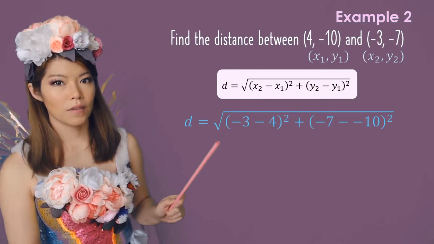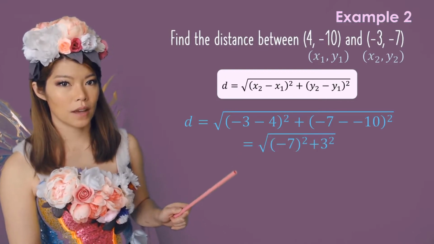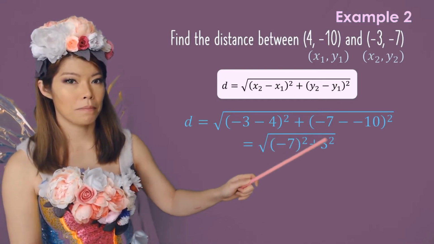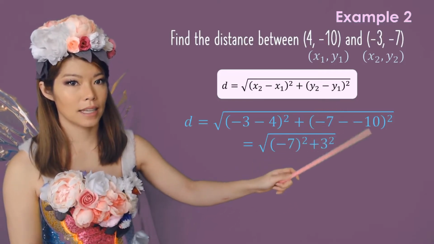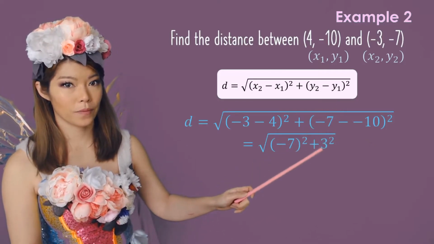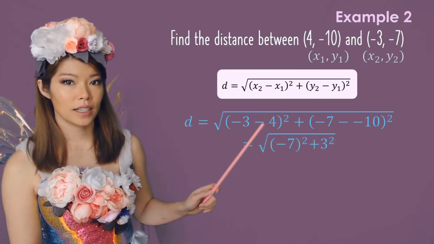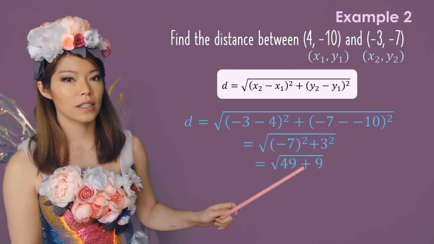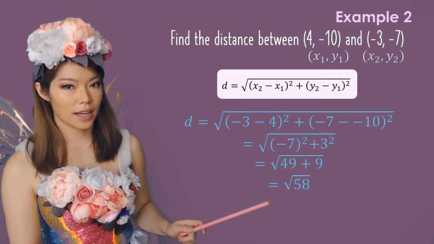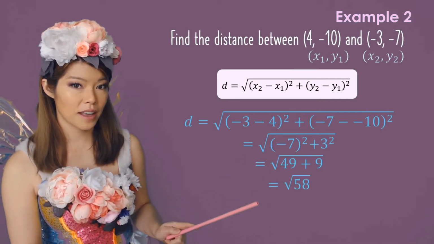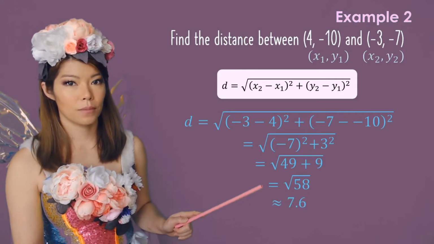So now -3 minus 4 is -7, and -7 minus -10 becomes -7 plus 10, which is 3. Now -7 squared is just 49 and 3 squared is 9. Add that together, you get 58. Don't lose the square root in your working out, which is 7.6.